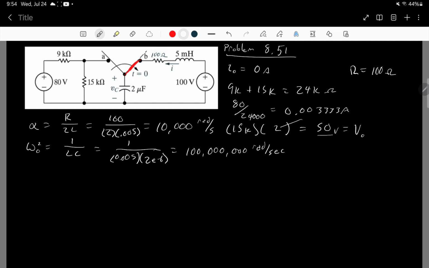Now if we make our comparison to figure out the type of response, alpha squared compared to omega squared, alpha squared is also equal to 100 million, because that is 10,000 squared. So in the case that alpha squared and omega squared are equal to each other, this is a critically damped response.